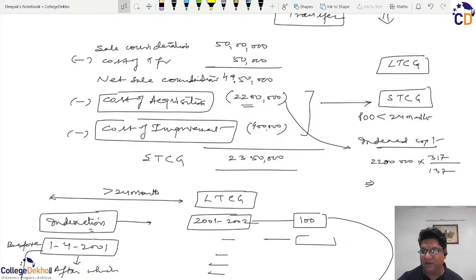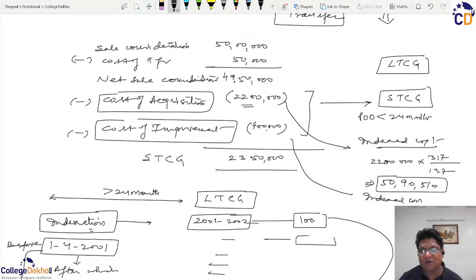So the figure here will come out to be 22 lakhs multiplied by 317 and divided by 137, which is approximately 50 lakhs 90,510. Similarly, if we index the cost of improvement, the indexed cost will come out to be 4 lakhs multiplied by 317 upon 167.